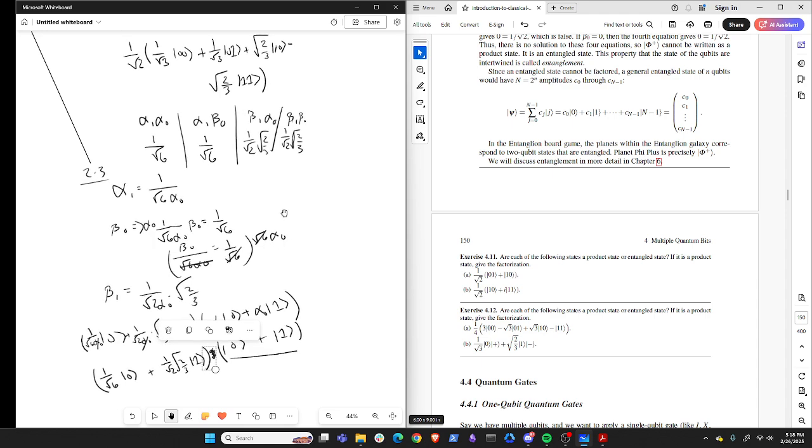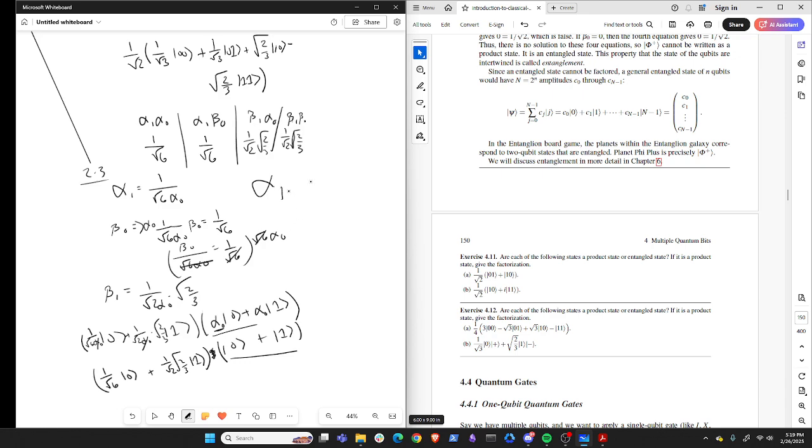Gotcha. Okay. So I'm looking here, and clearly I made a mistake somewhere, but maybe it was something up here with the amplitudes, because algebraically, all the algebra is correct.